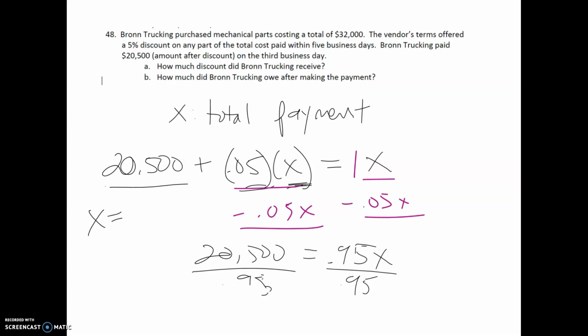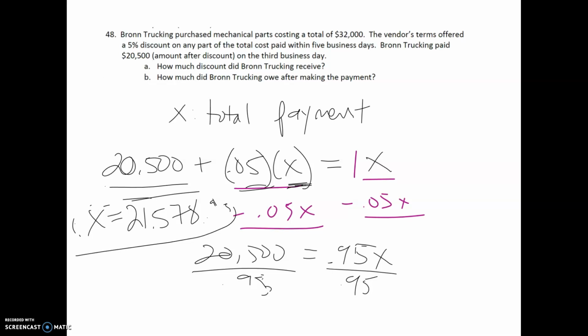Now, this isn't the answer to the question yet. Let me see. 20,500 divided by 0.95 is 21,578, and we're going to round to 2 decimal places. Sorry, running out of room there.